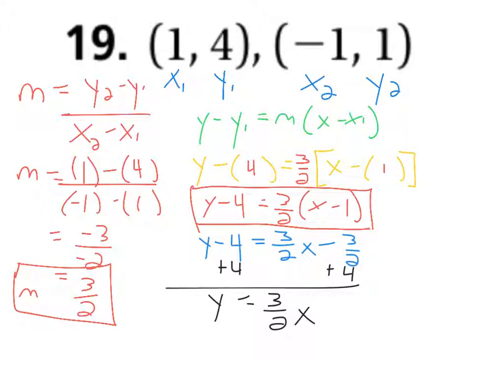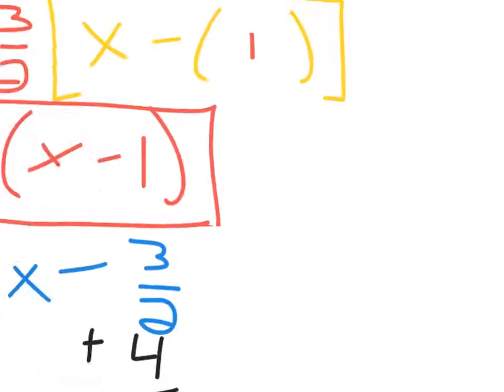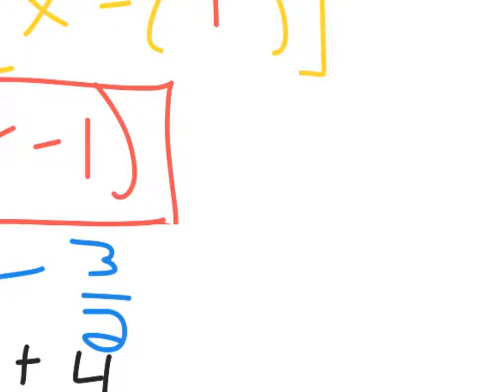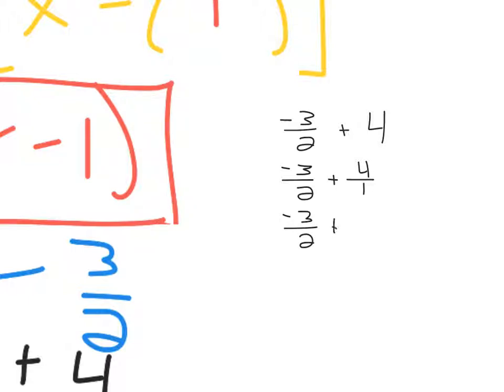This is where the zoom tool is great, because what we want to do is negative 3/2 plus 4. So I'm going to zoom in right here and say negative 3/2 plus 4, and that's the same as negative 3/2 plus 4 over 1. If I turned it into an equivalent fraction with a 2 on the bottom, that would be 8 halves.